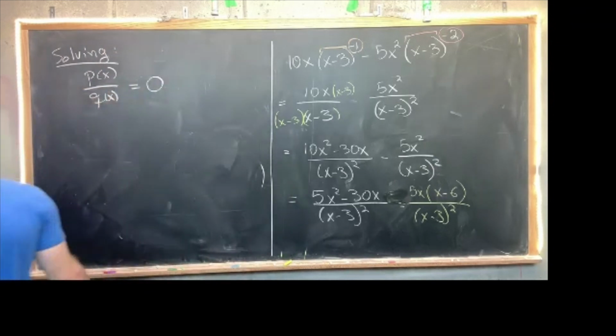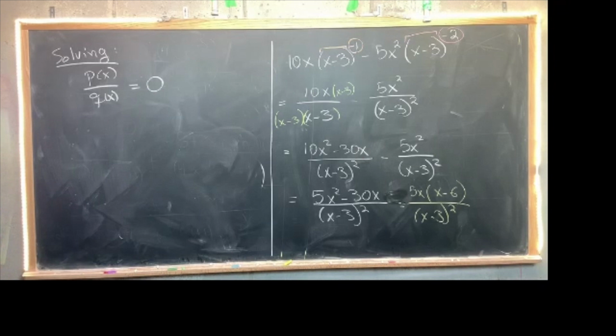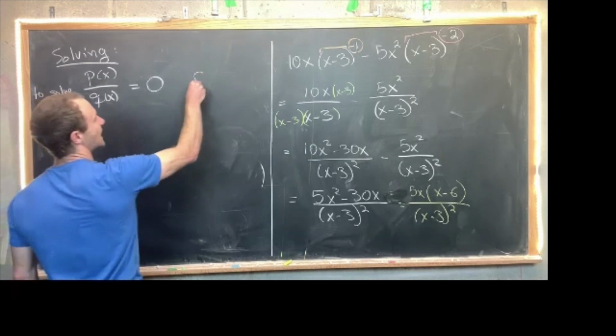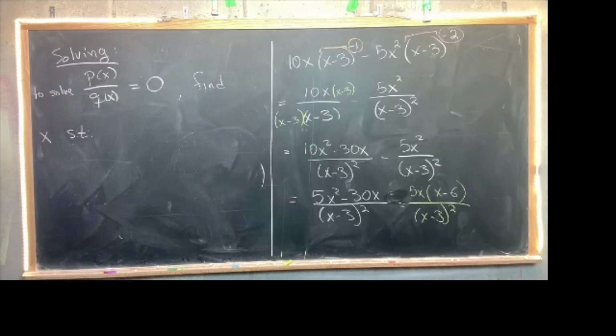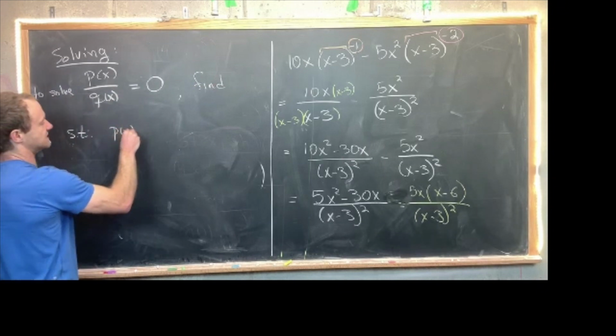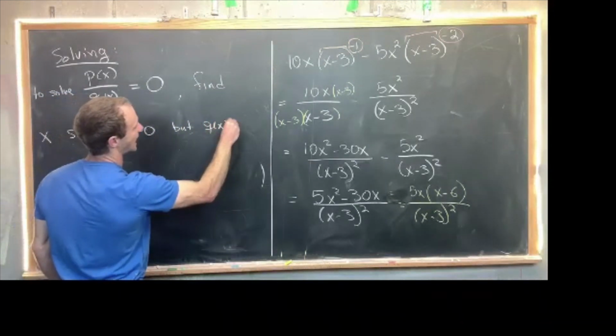So the fact that you want to use here is that a fraction is 0 only when the numerator is 0. So to solve this equation, you want to find all of the numbers x that satisfy the following conditions. So p of x is equal to 0, but q of x is not equal to 0.